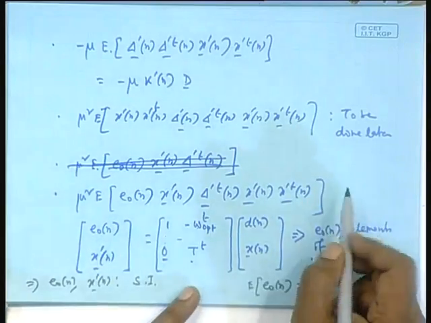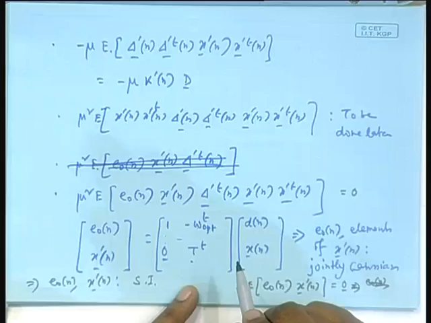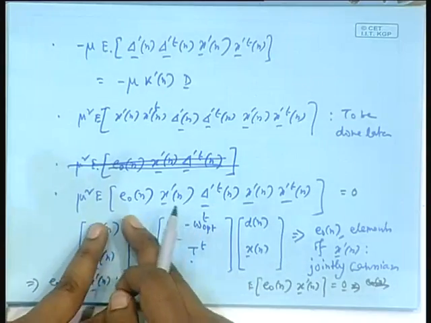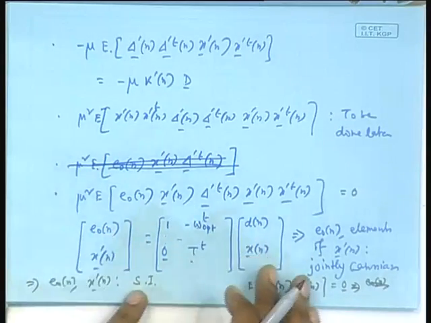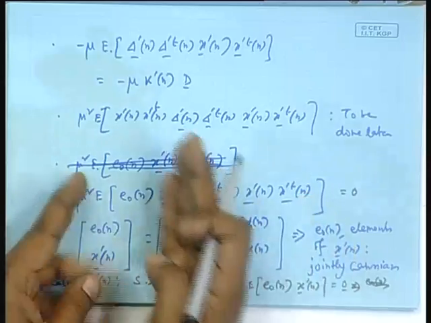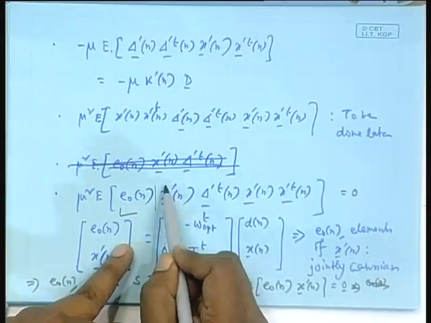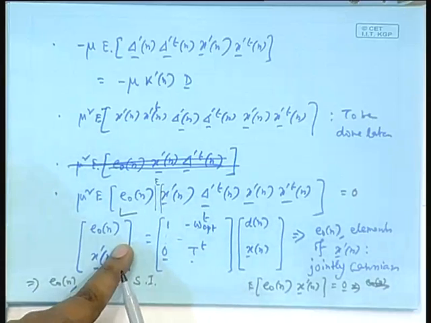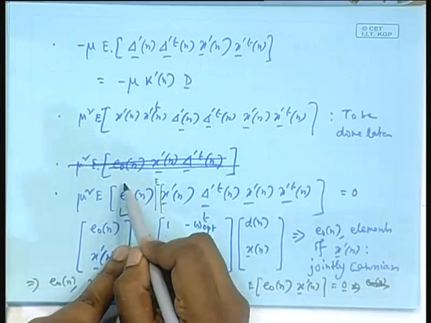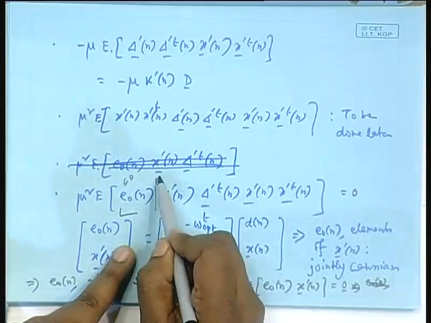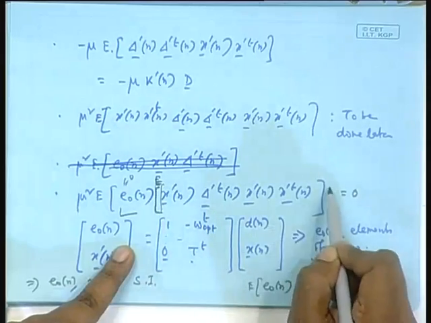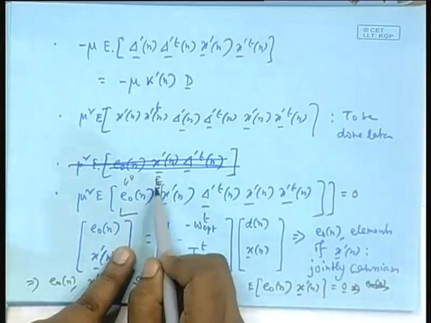So, that means this will be equal to 0. Shall I write the same step separately, that this E is nothing but E of E0n times this separately, and this part is equal to 0. This becomes E over this and E over this.